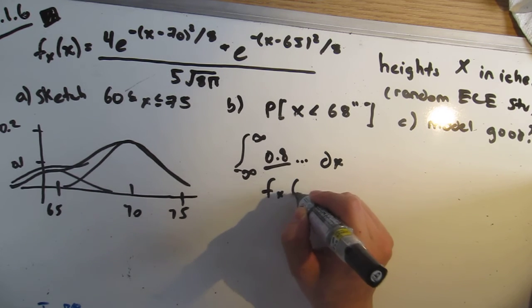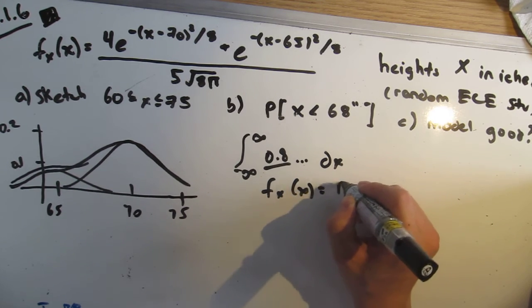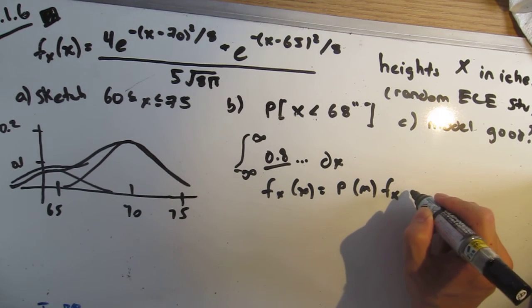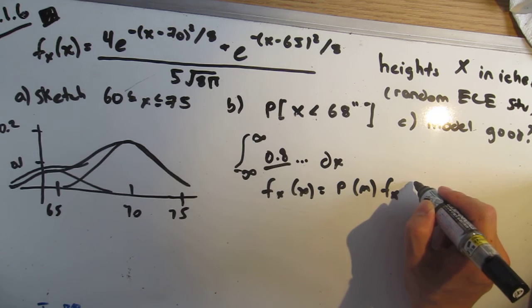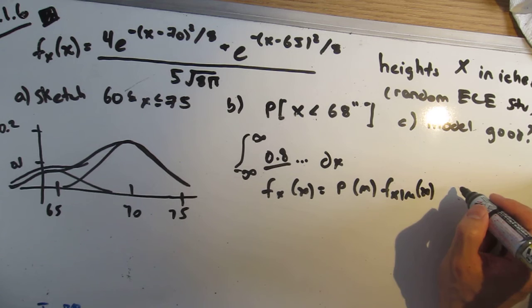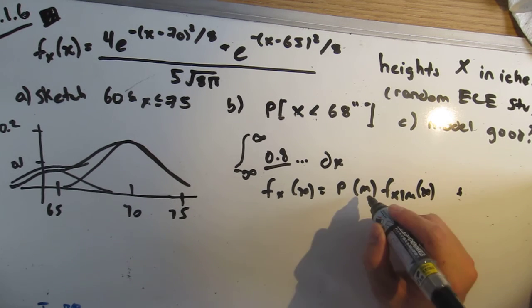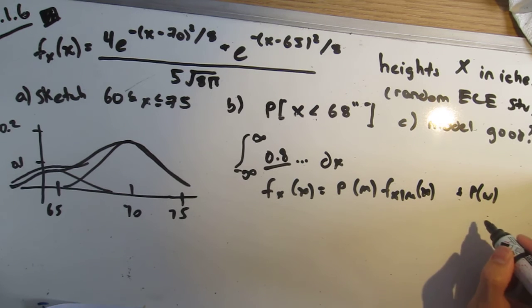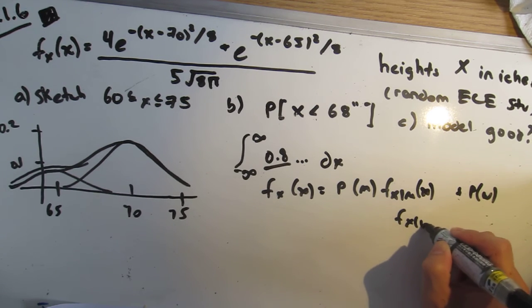which is that, well, first of all, we express the sum of our PDF as 2 conditionals. So there's a probability of m, and then times the probability of w, times the PDF of x given w.